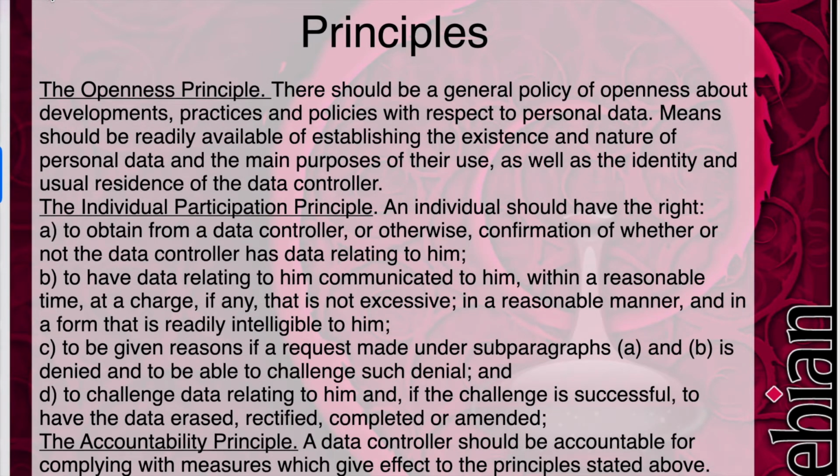Talking about the openness principle, there should be a general policy of openness about developments, practices, and policies with respect to personal data. Means should be readily available of establishing the existence and nature of personal data, the main purposes of their use, as well as the identity and usual residence of the data controller.